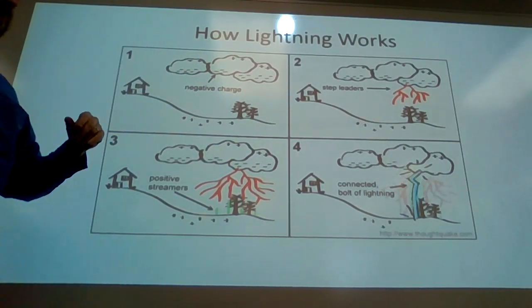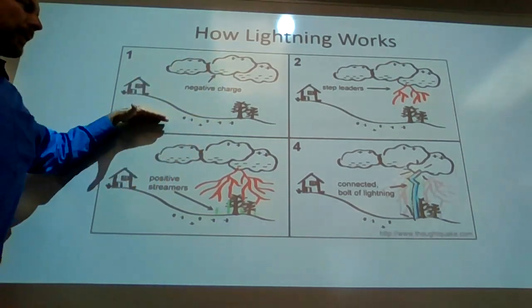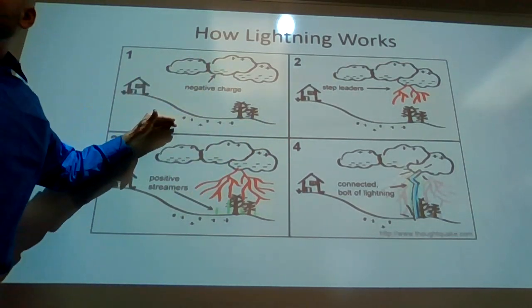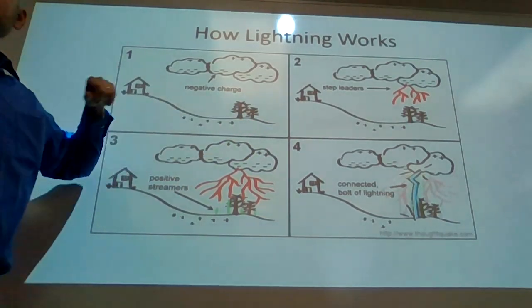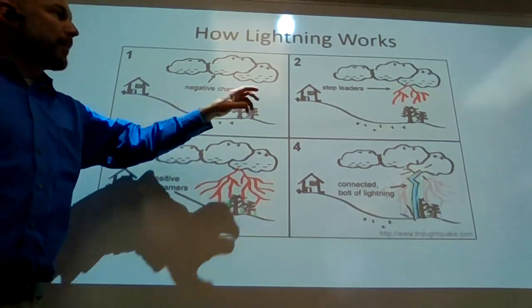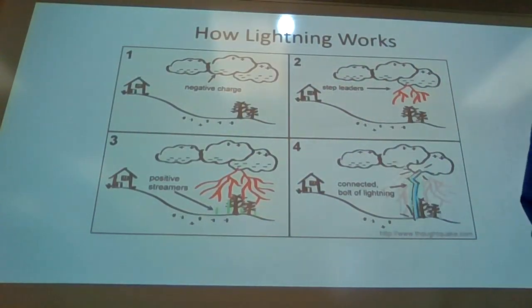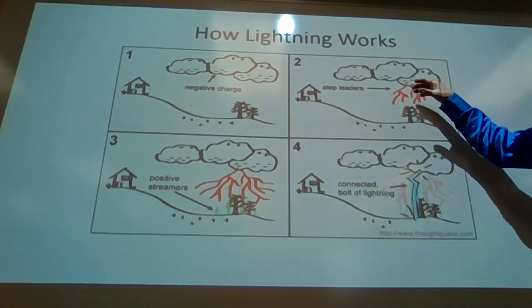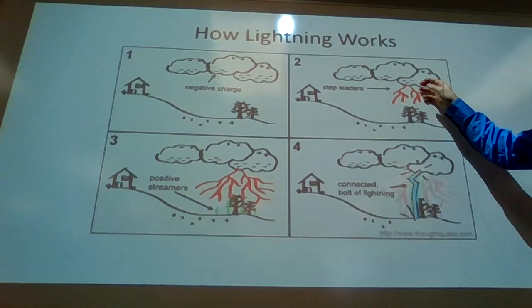These clouds are huge. Okay, these negatives repel the electrons in the Earth. They're running away, leaving the land positively charged. These electrons are not fans of that. There are too many electrons. We need to find a better environment.